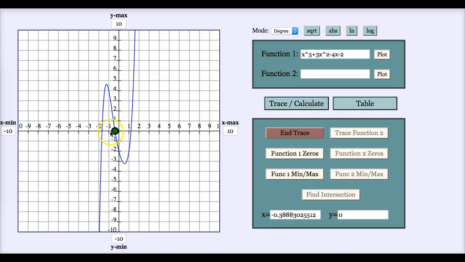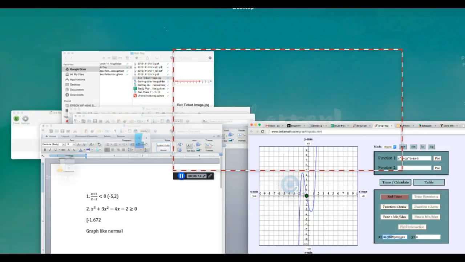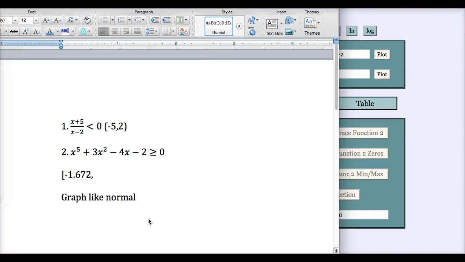So my next point, where that interval of being greater than or equal to 0 ends, is at negative 0.388 or 389. So comma, negative 0.389. That value is also going to get a bracket because it can equal 0.